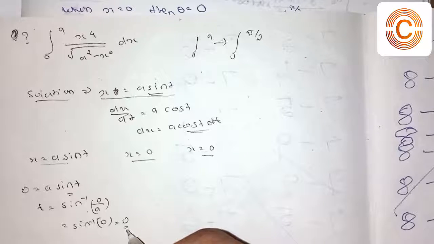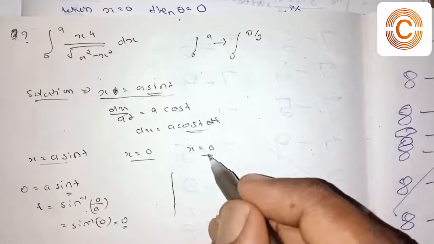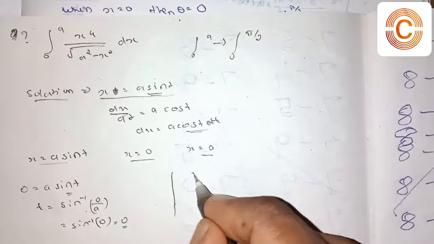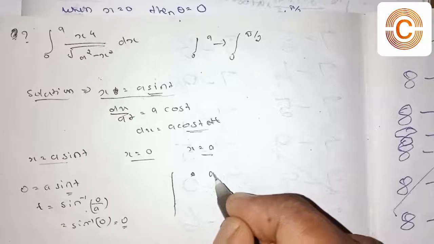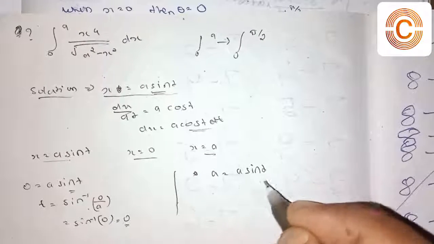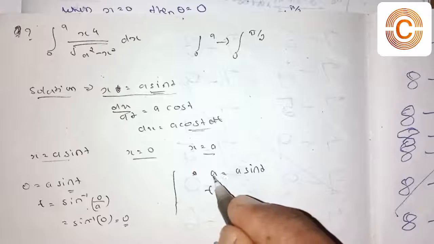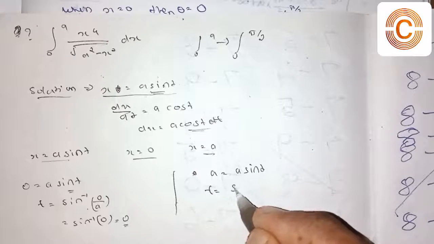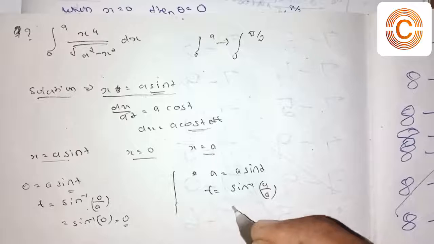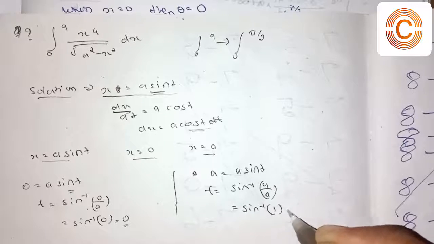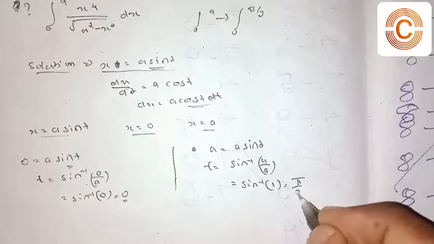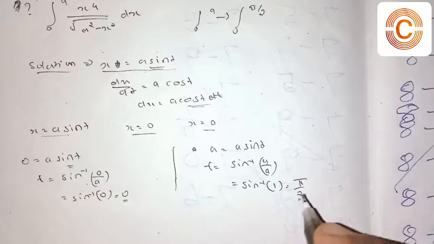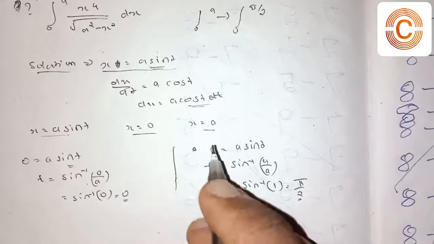In the next case, when x is equal to a, then a is equal to a sin t, so t is equal to sin inverse of a by a, that is sin inverse of 1. The value of the sin function is equal to 1 when the angle is pi by 2. So we get the limit 0 to pi by 2 from 0 to a.